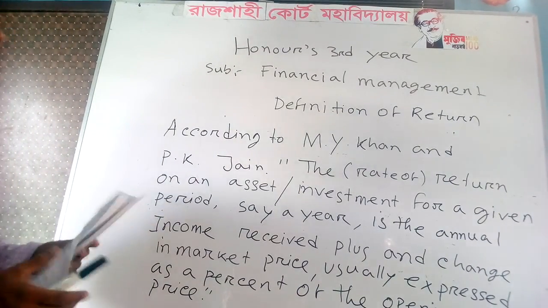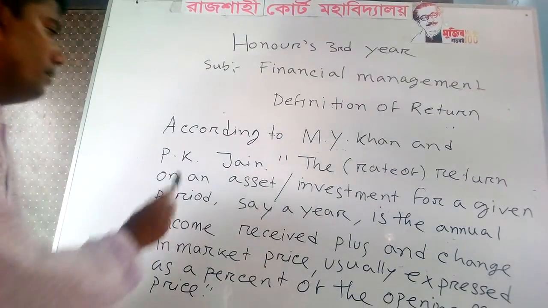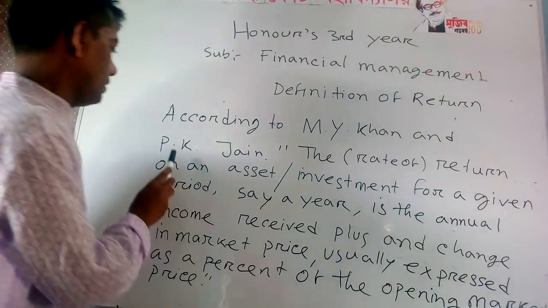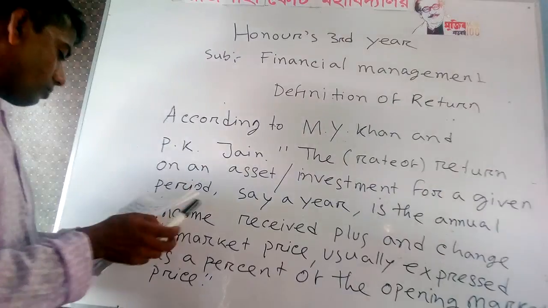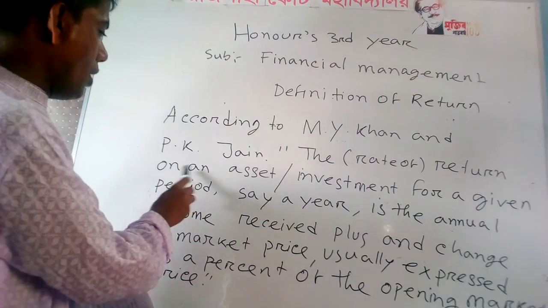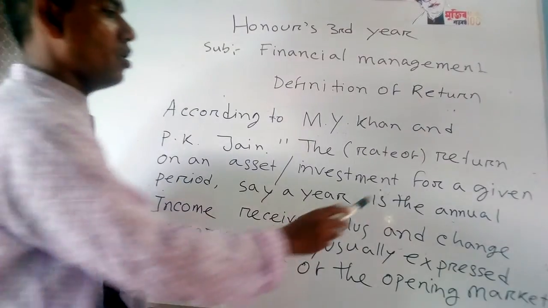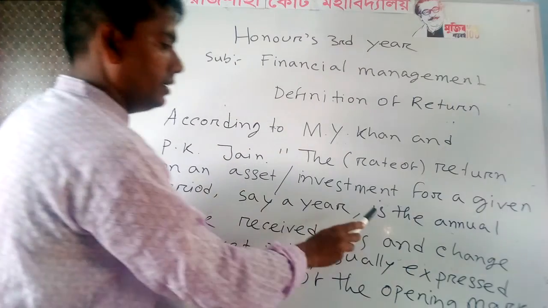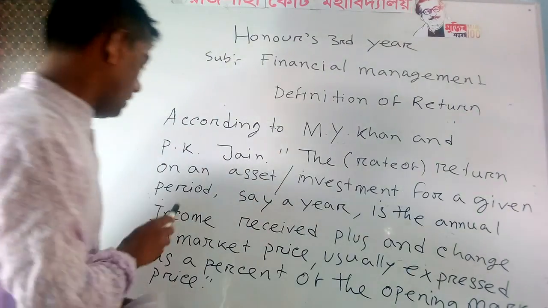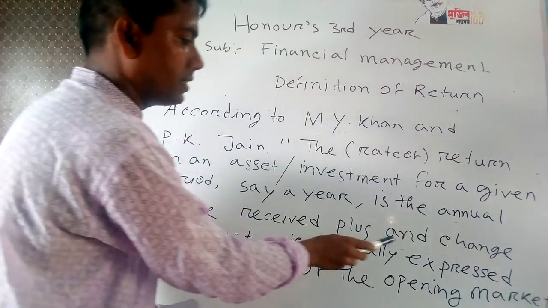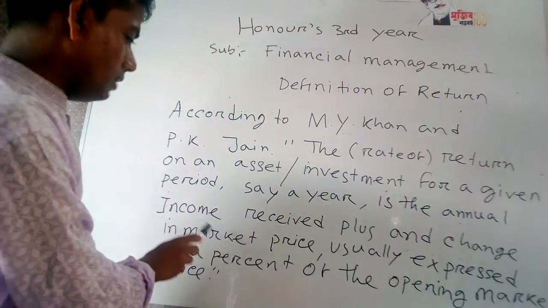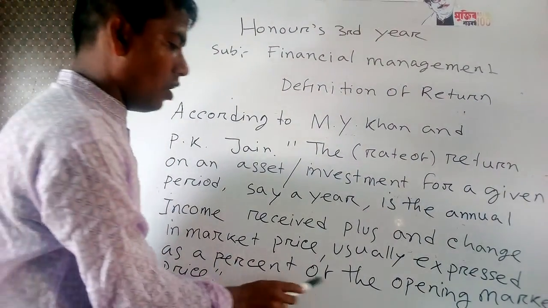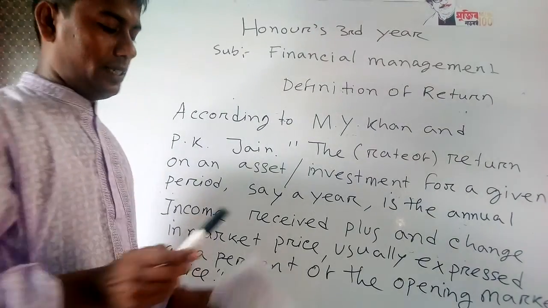Again, we repeat. According to M.Y. Khan and P.K. Jain, what is return? The rate of return on an asset or investment for a given period, say a year, is the annual income received plus any change in market price, usually expressed as a percent of the opening market price.